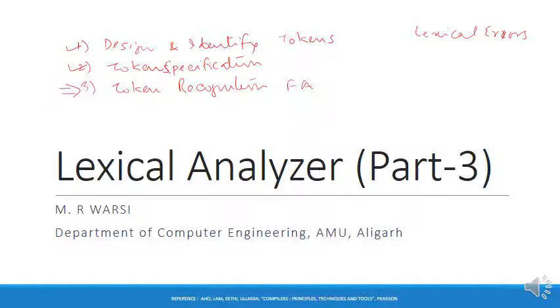We'll talk about this, and in this lecture we'll also talk about a scheme using which you can compress the transition table. So we'll talk about the transition table compression scheme. So this is the scope of the present lecture.